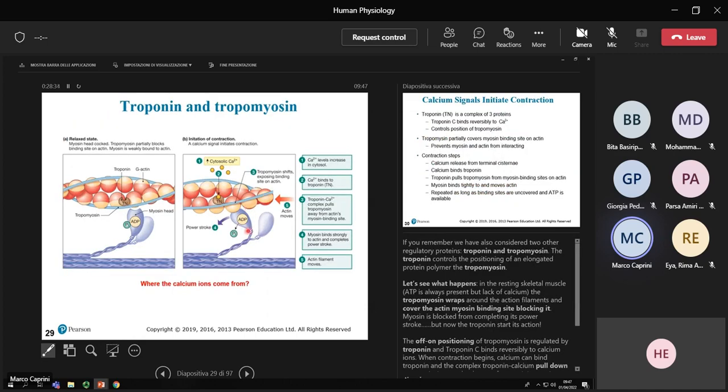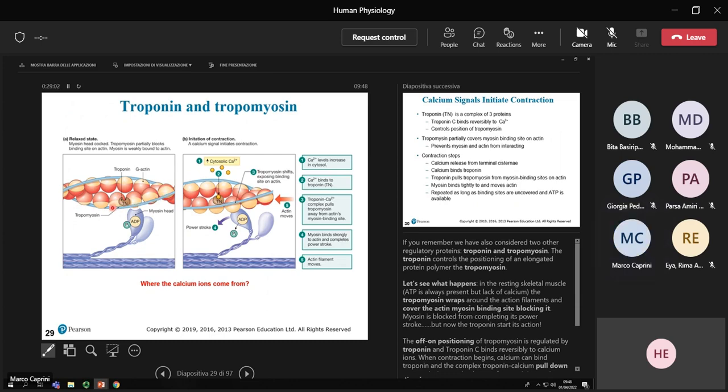And the physiological process is this one. If you remember from the beginning of the muscle structure that we have studied a few lessons ago, we have considered two regulatory proteins, the troponin here and the tropomyosin here.